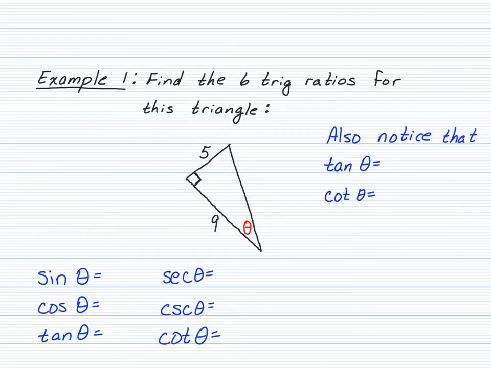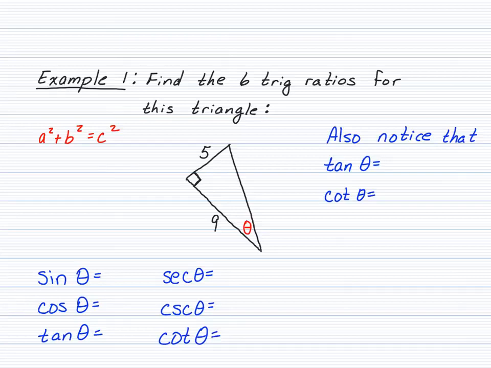All right, so in this example, what we're going to do is find the 6 trig ratios for this triangle. In order to find the 6 trig ratios, we are going to have to know all 3 sides of your right triangle. If you know 2 sides of your right triangle, you can find the third side by using the Pythagorean theorem: a squared plus b squared equals c squared, where c is your hypotenuse.